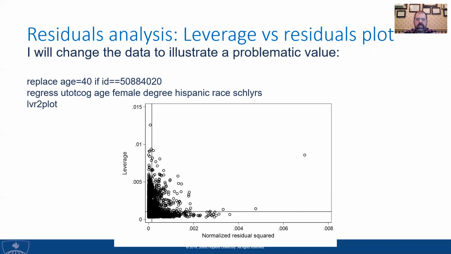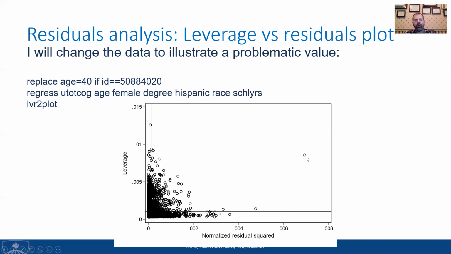As you can see, I changed this age variable to 40, which is way outside the range of 65 to 78 for age. You can see clearly there's a point here that has high leverage and high residual.